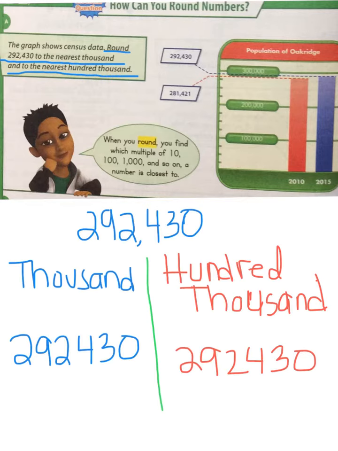I have made a list of the thousands on one side and the 100,000s on the other side, with the number 292,430. If I'm going to round to the nearest thousands place, I'm going to underline the digit that is in the thousands place, which is the 2.